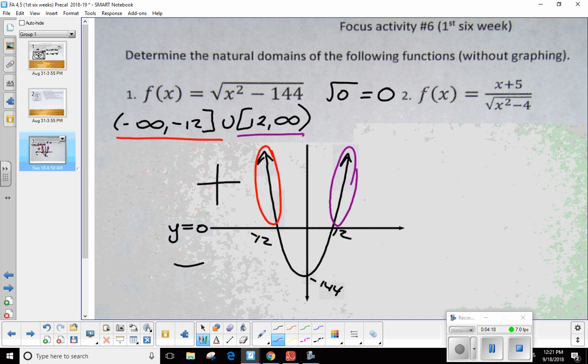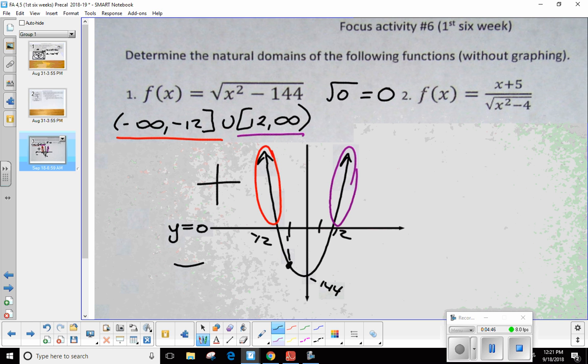You see, I didn't take any values of x between the two, because where's the graph between negative 12 and 12? It's negative, right? So think about this. If I were to put in whatever value of x this is right here, it would correspond to a negative y value. So that would force me to be imaginary.